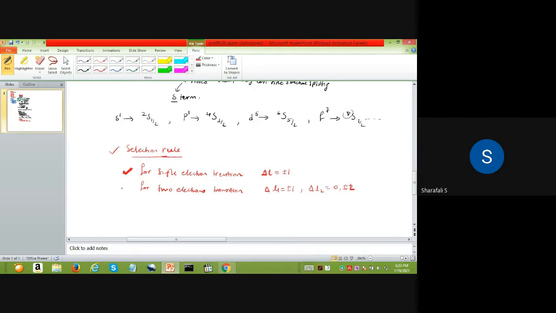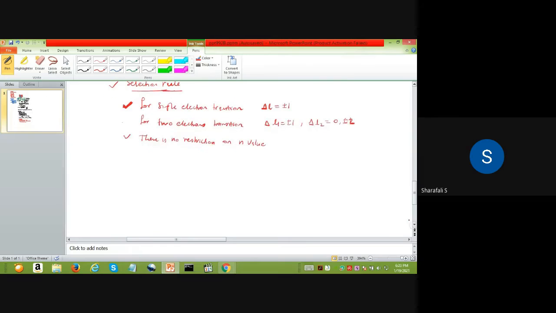This is for single electron and two electron cases, and there is no restriction on the n value, so n can vary to any value.